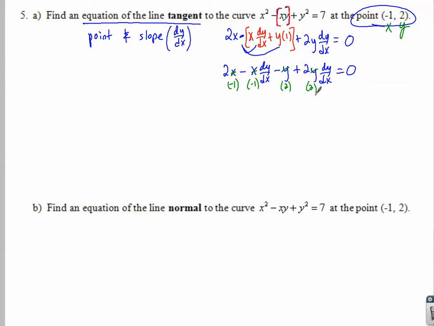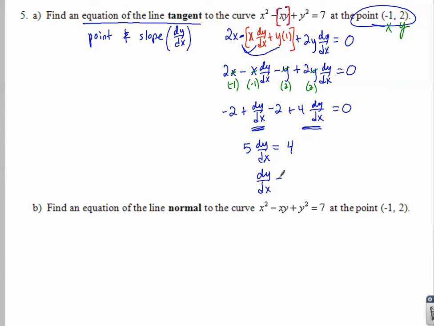And now let's simplify. 2 times -1, -2. Plus, because minus a negative, dy/dx, minus 2 plus 4 dy/dx equals 0. Now we can combine the like terms. 1 plus 4 dy/dx's makes 5 dy/dx's. -2 and -2 is -4, and add them to the other side equals 4.